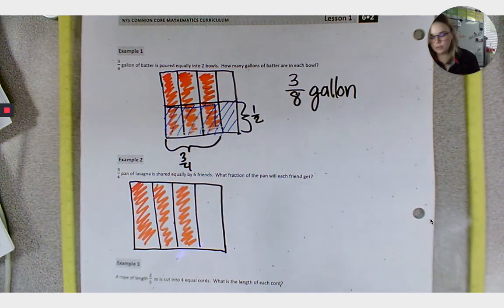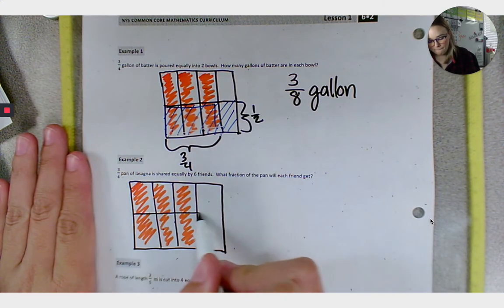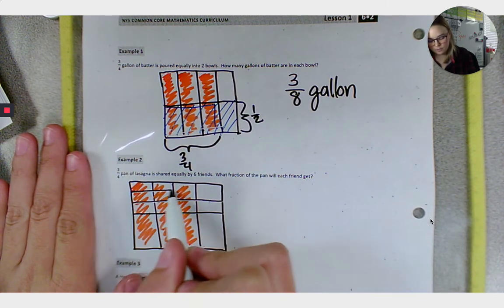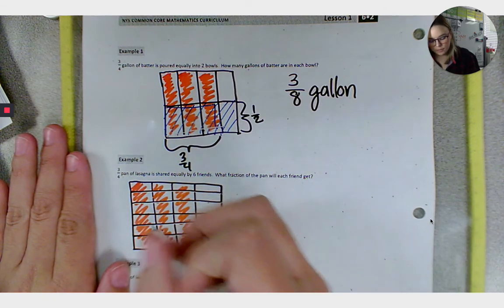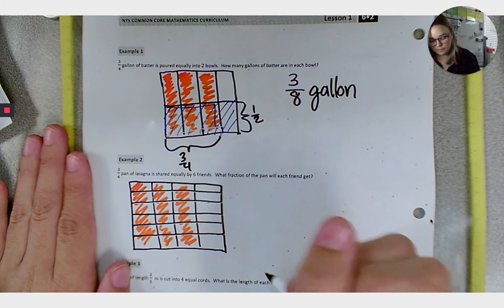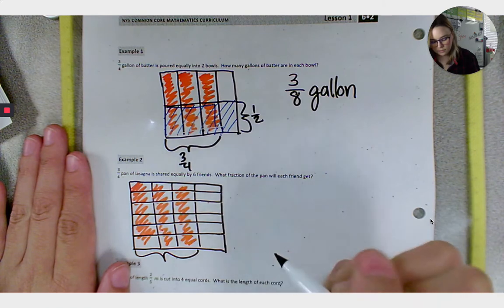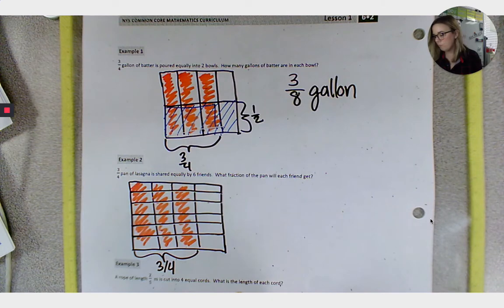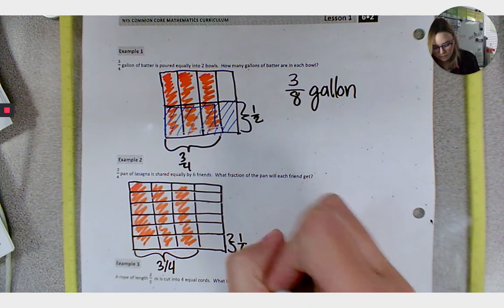And then I'm sharing it equally between 6 friends. So I'm going to divide it in half and divide each half into 3s. So remember that this piece here is 3/4, and it's being divided by 6 friends, so we're looking at 1/6 of this.